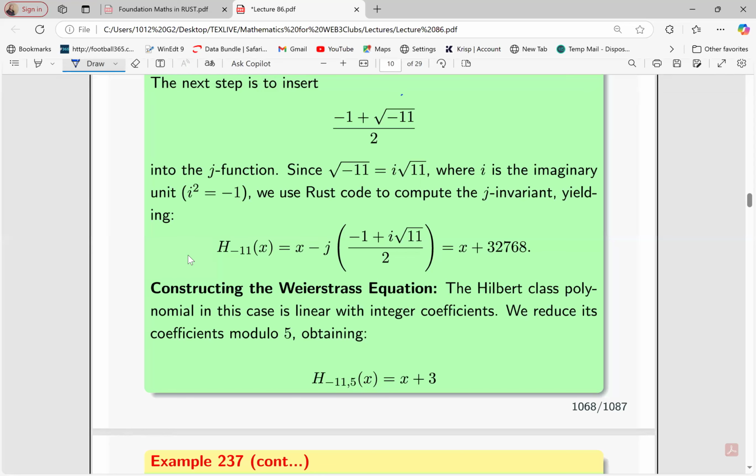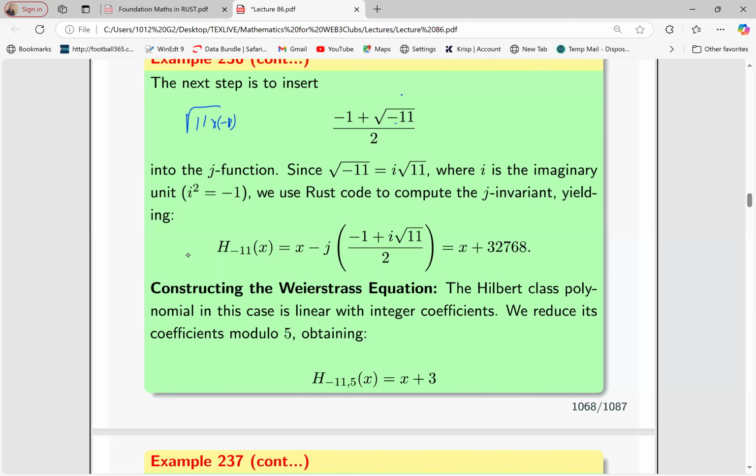Now, the square root of negative 11 is the same as the square root of 11 times negative 1, because you cannot get the square root of negative 11 just like that. This is a complex number. So it will be the square root of 11 times the square root of negative 1.